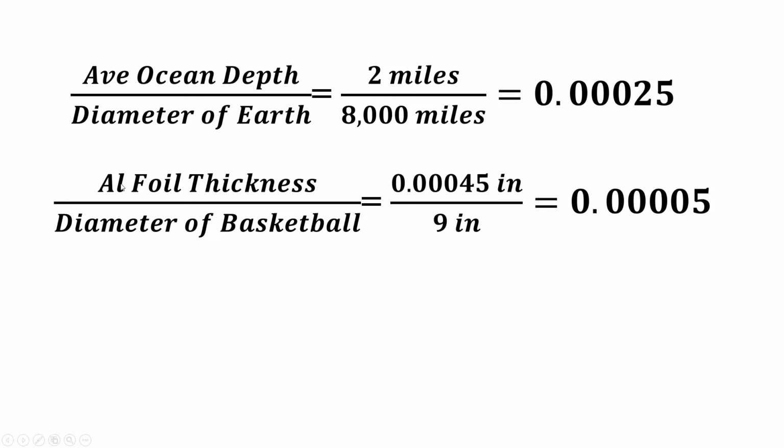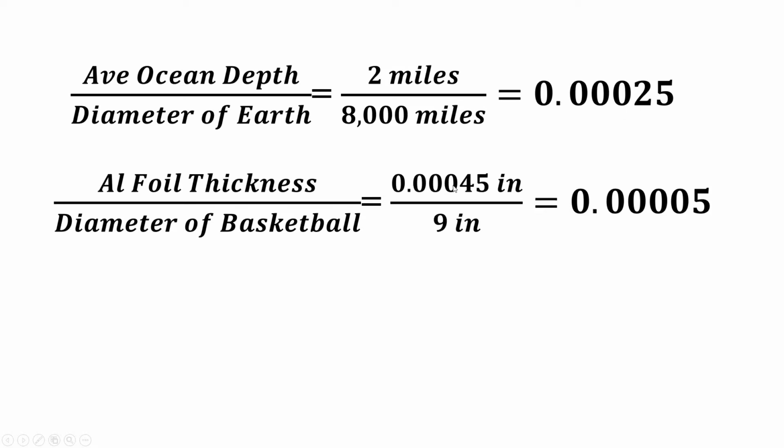How does the aluminum foil thickness compared to the diameter of a basketball compare with the average ocean depth relative to the diameter of the Earth? The average ocean depth is about 2 miles. The diameter of the Earth is about 8,000 miles. That gives us a ratio of 0.00025.